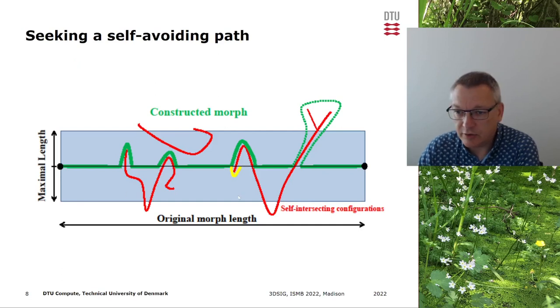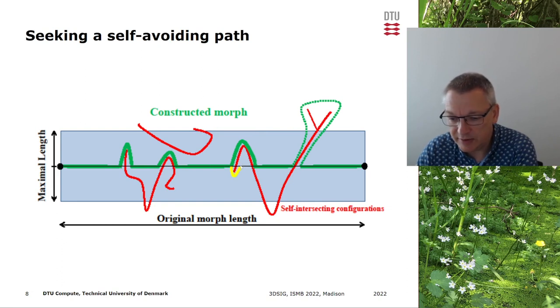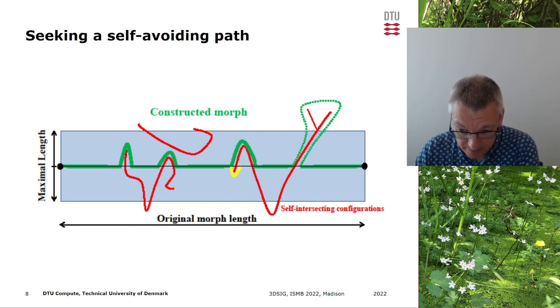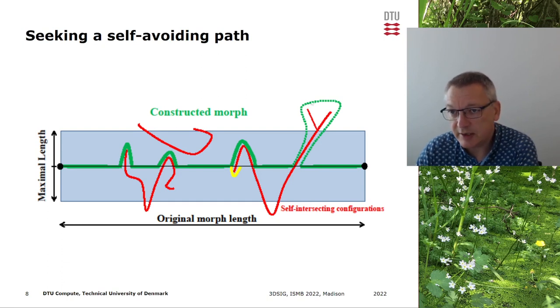So inside the configuration space, we start with one configuration here and end with another configuration here. The original linear interpolation is just a straight line between those two points that passes through self-intersection configurations, and what the program does is seek in the neighborhood of this linear interpolation to see if there's a self-avoiding path between the two configurations, and in this case it's not possible.